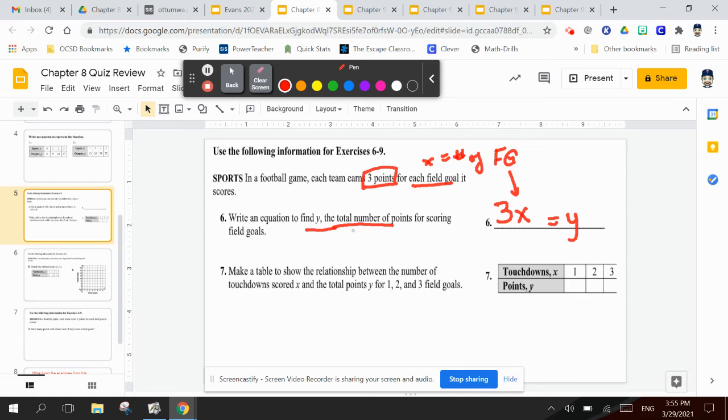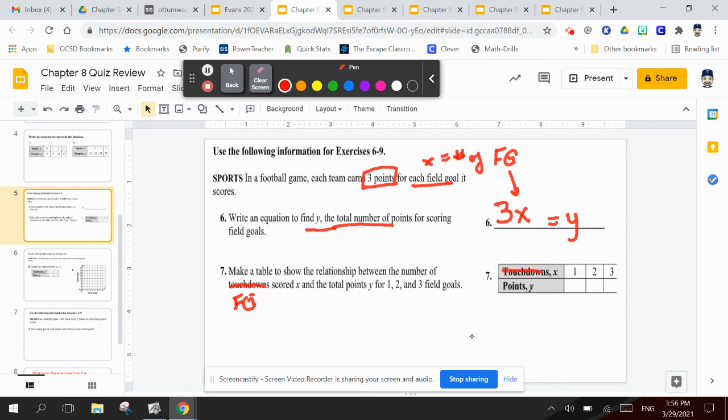So number 7 says to make a table to show the relationship between the number of touchdowns scored and, so we're going to change this. This is the number of field goals scored, x, and the total points, y, for 1, 2, and 3 field goals.